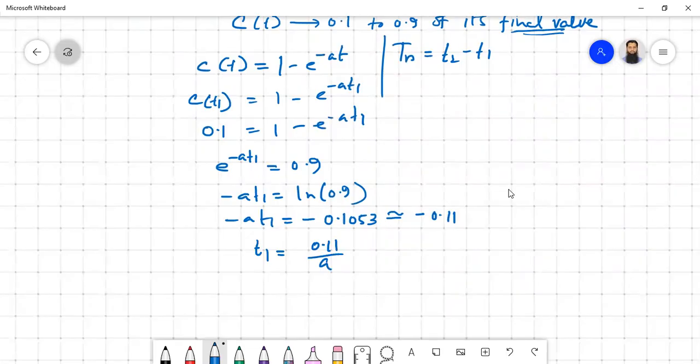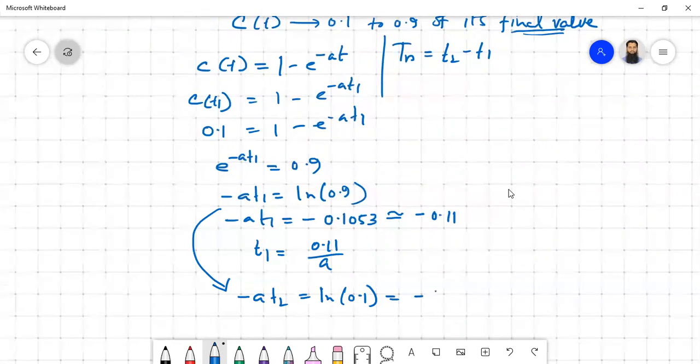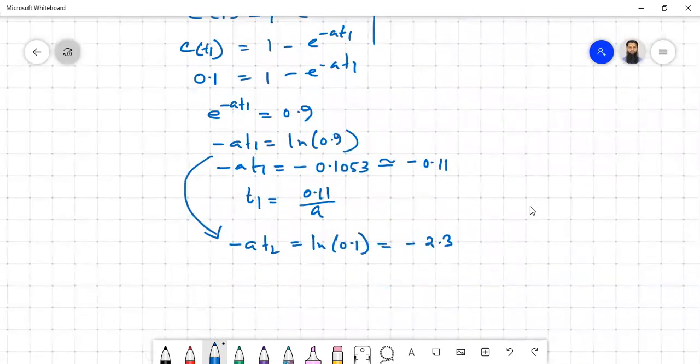Similarly, we can also calculate T2. So we can take help of this equation here. So minus a t2 should be equal to ln 0.1, so basically minus 2.3 approximately. From that one, we can easily calculate that T2 will be 2.3 by a.